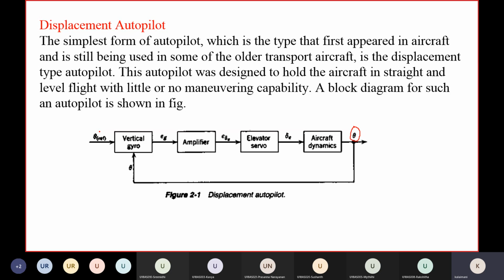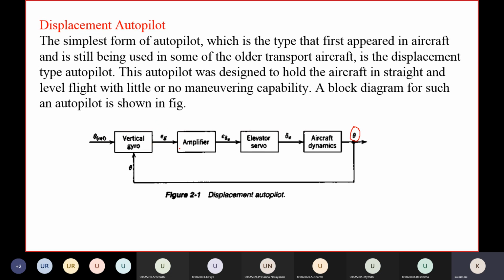Actually, while holding steady level flight, your pitch angle is the reference angle. Now if any disturbance occurs, theta may vary. Based on that, it will sense and compare with the vertical gyro. This vertical gyro will produce a voltage signal.